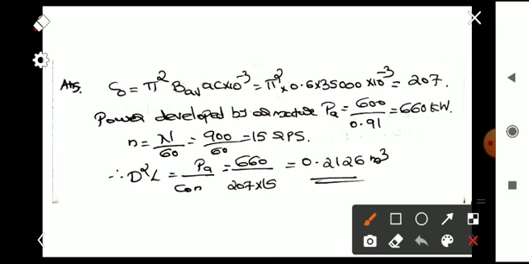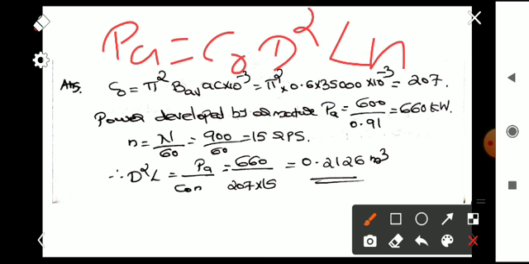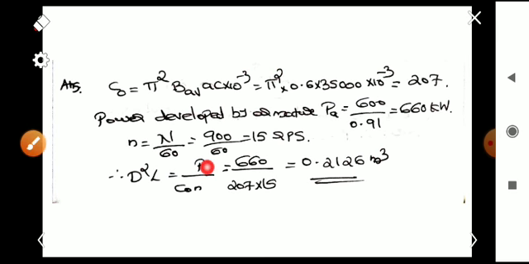We know the equation P_a is equal to C0 d square L n. So from that we can find d square L as P_a by C0 into n, and after solving we will get d square L as 0.2126 meter cube.